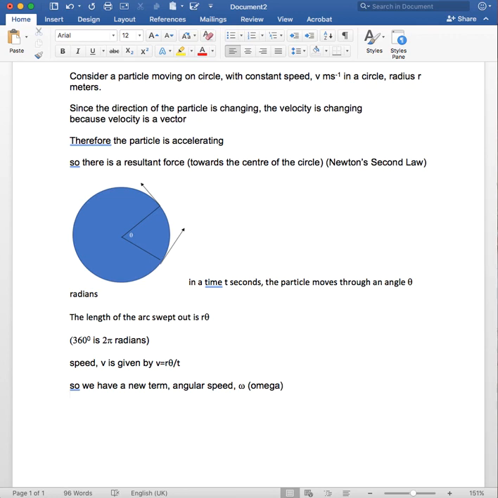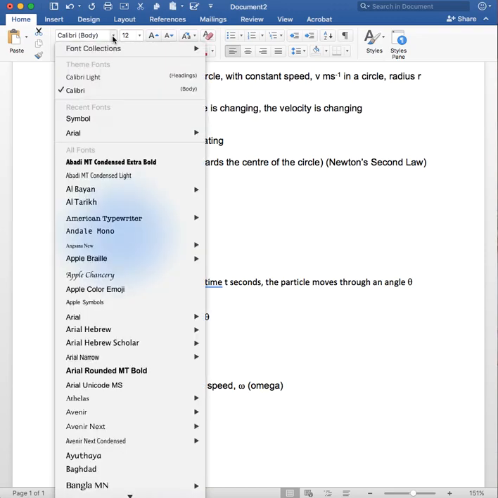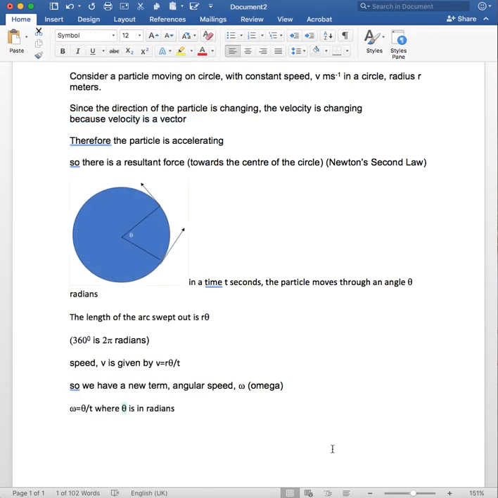And we have omega is theta divided by t, where theta is in radians, of course. Hopefully that's obvious, but I'll say it just in case it's not. So theta in radians.